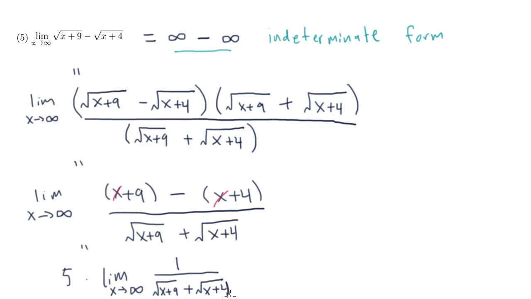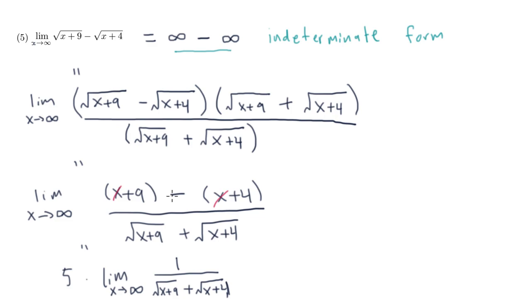The numerator is 1, and the denominator is always going to be a positive number that's getting bigger and bigger as x goes to infinity. So we have 1 over a big number, which should be going to 0. And that's exactly the case.